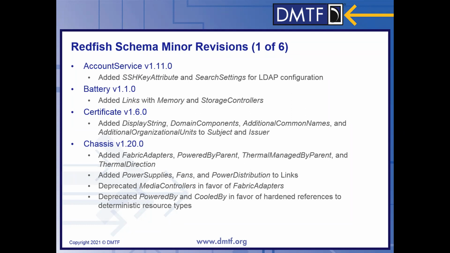For battery implementations used for backing up either a memory device or a storage controller, like a RAID battery backed cache with an external battery, those links now provide a way to show the correlation or connection between a battery and a particular device.